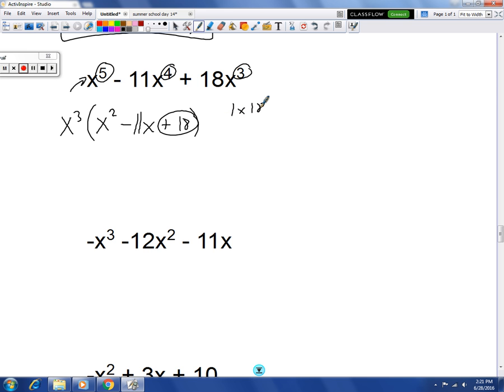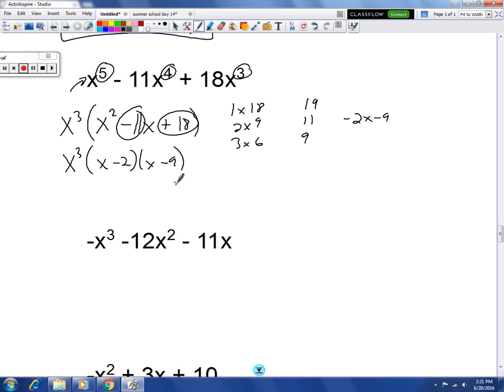1 times 18, 2 times 9, 3 times 6, adds up to 19, adds up to 11, adds up to 9. Here's 11, but it's negative, so negative 2 and negative 9, right? So here's our final answer: x cubed, x minus 2, x minus 9.